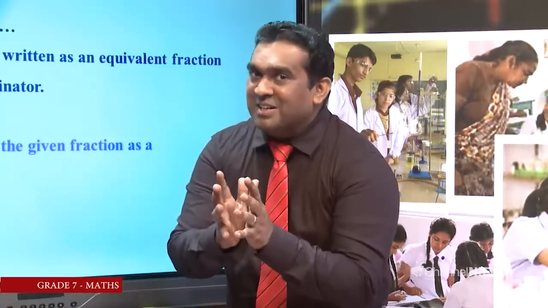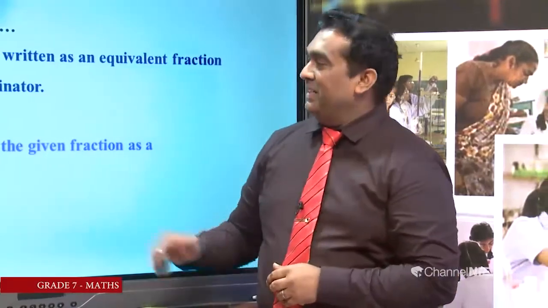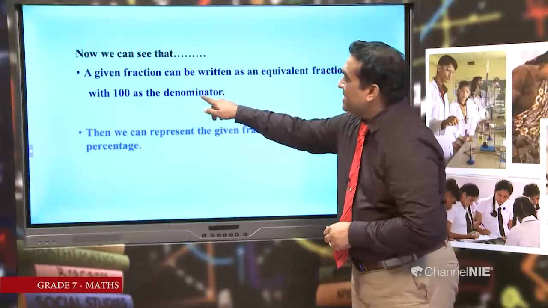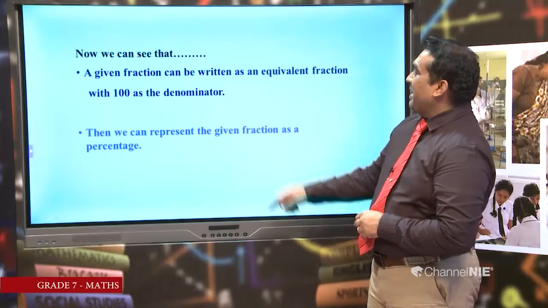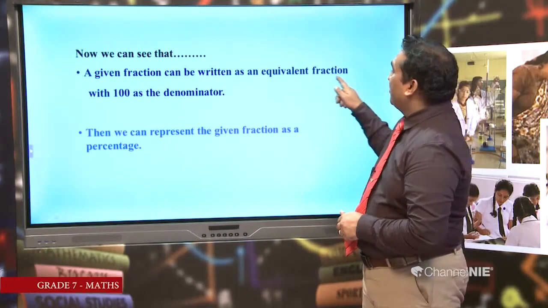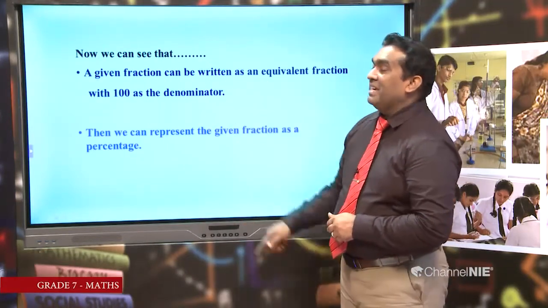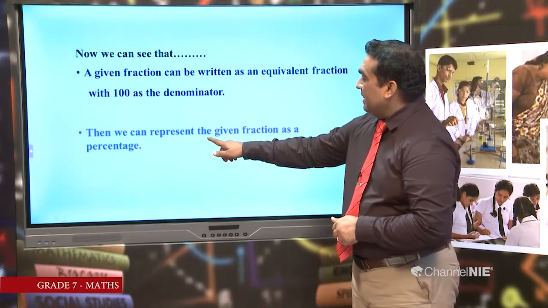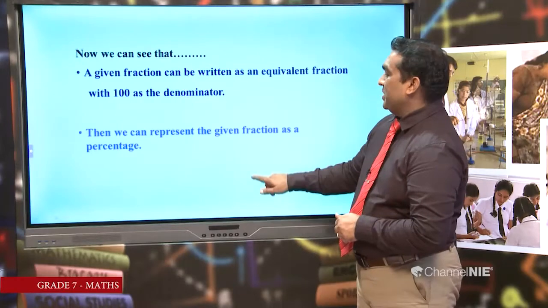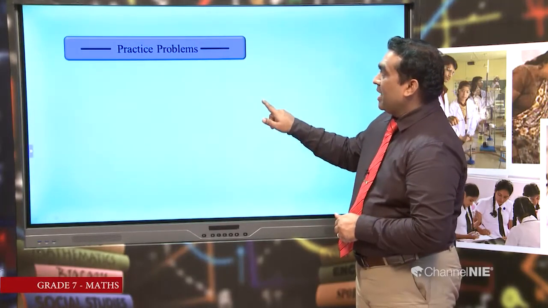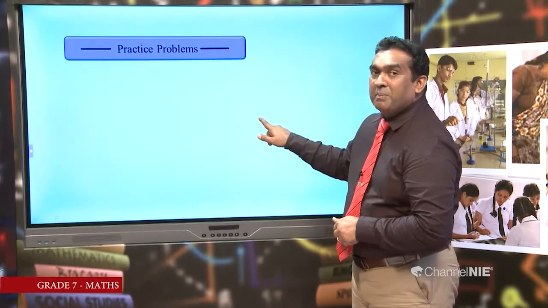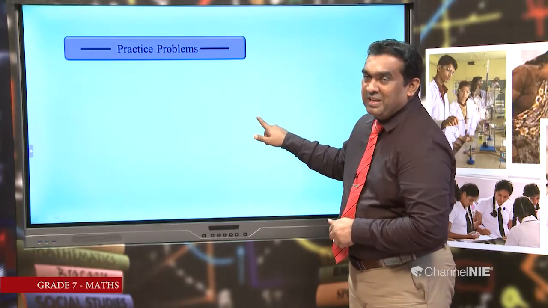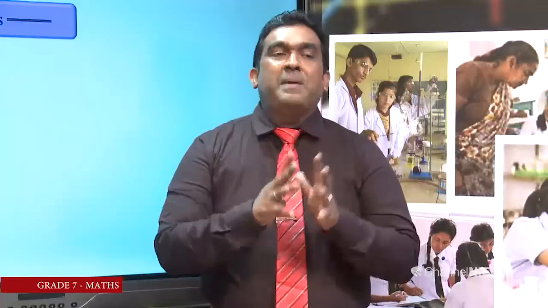To get the 100, you have to use that number with 100 as the denominator, right? Then we can represent the given fraction as a percentage. Now there are some practice problems. Then we will see how to apply that concept in solving problems.